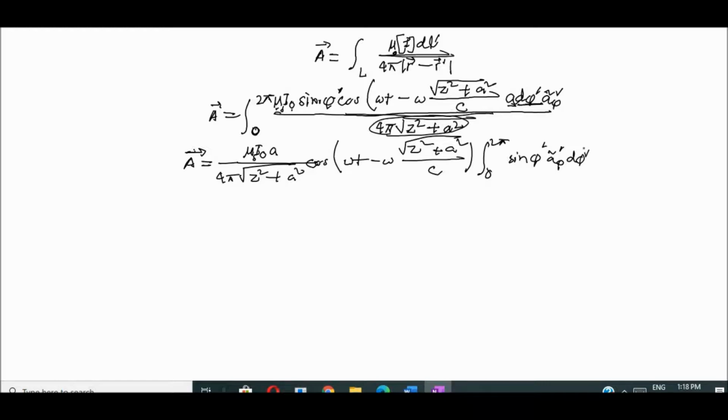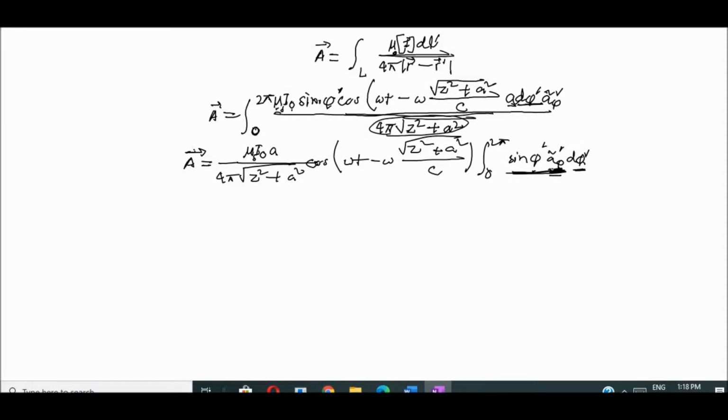So now we need to integrate sine phi a phi with respect to d phi. A phi is also a variable and sine phi is a variable. Both are varying with respect to phi. So we have to convert a phi to the Cartesian coordinate system.